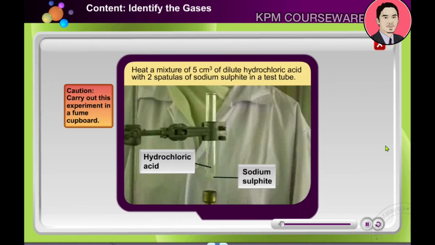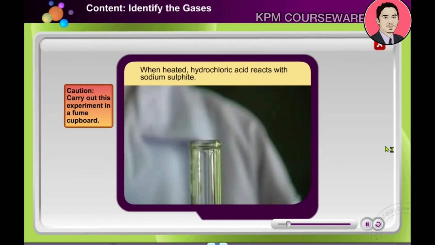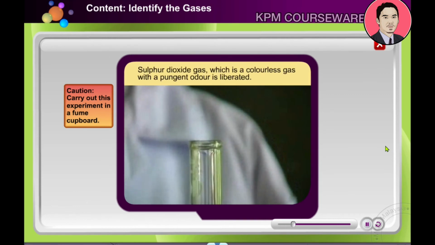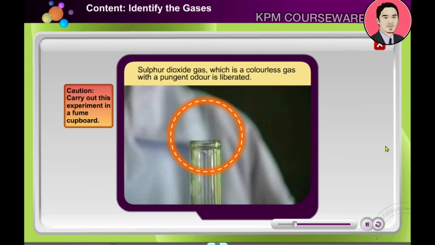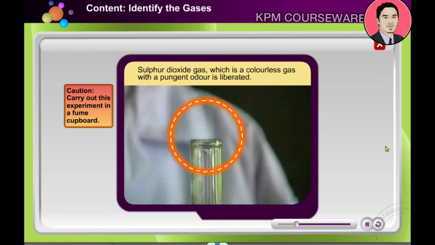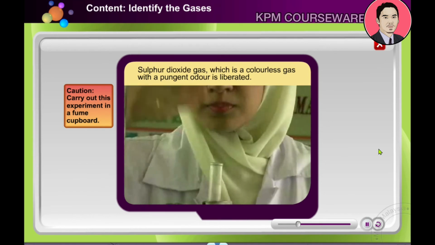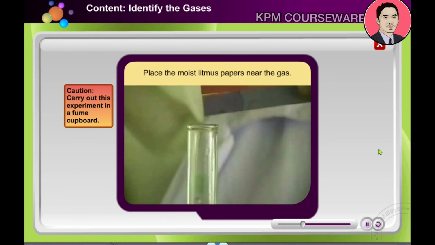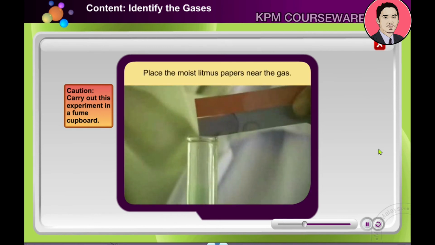Heat a mixture of 5 cubic centimeters of dilute hydrochloric acid with 2 spatulas of sodium sulfite in a test tube. When heated, hydrochloric acid reacts with sodium sulfite and sulfur dioxide gas, which is a colorless gas with a pungent odor, is liberated. Test the gas with moist litmus papers.